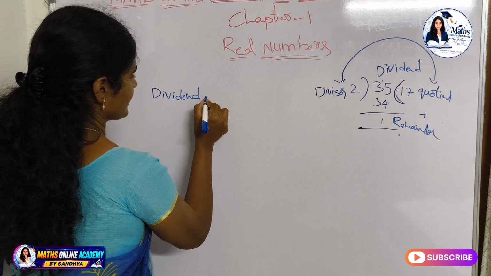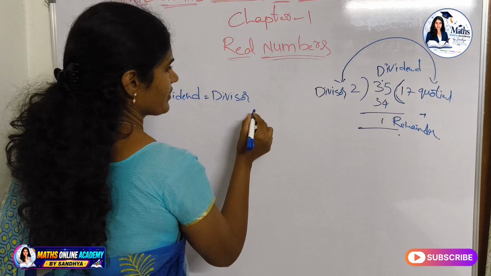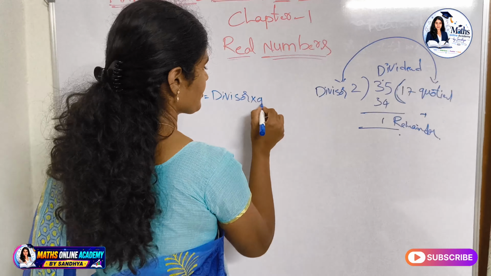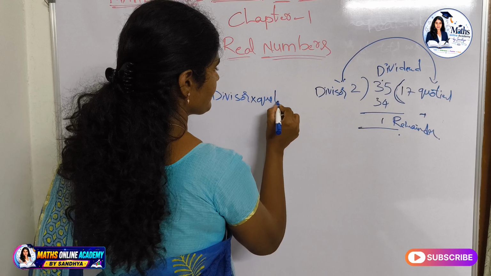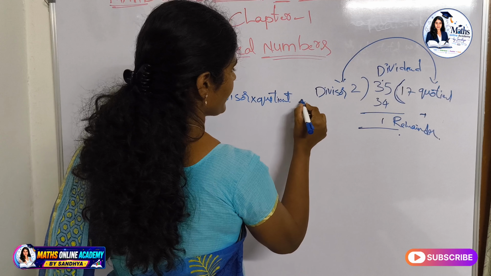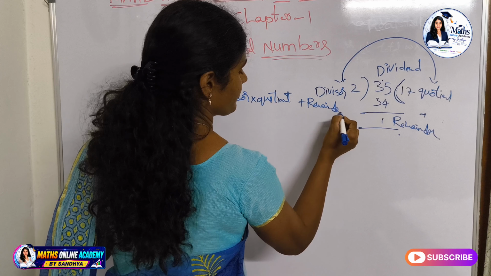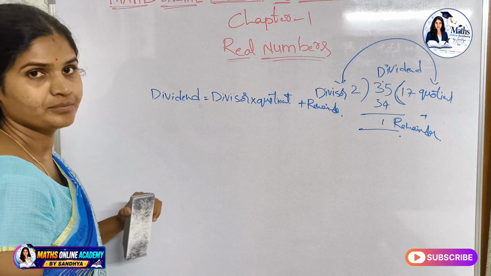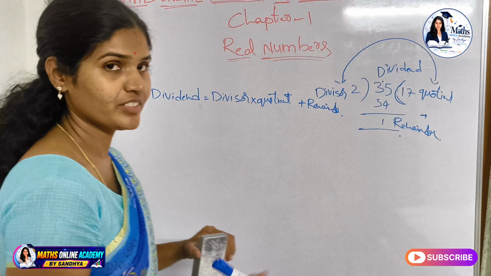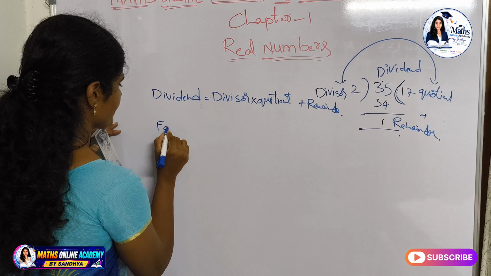Dividend equal to divisor into quotient plus remainder. Let's convert into a formula for two integers.